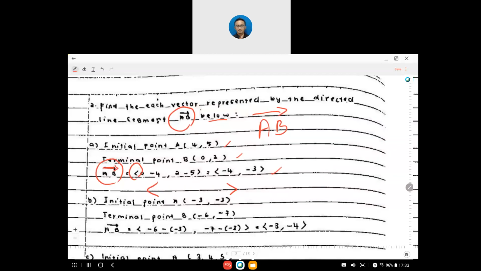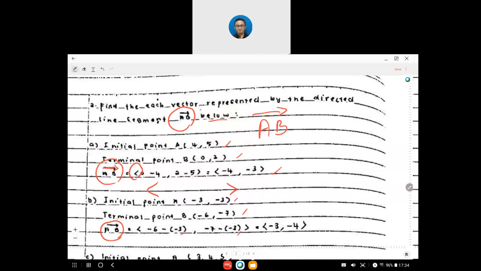For B, the initial point is (-3, -3). The terminal point is (-6, -7). And then you get vector AB equal to (-6 minus -3, -7 minus -3).